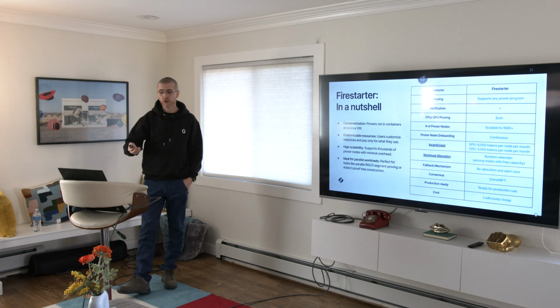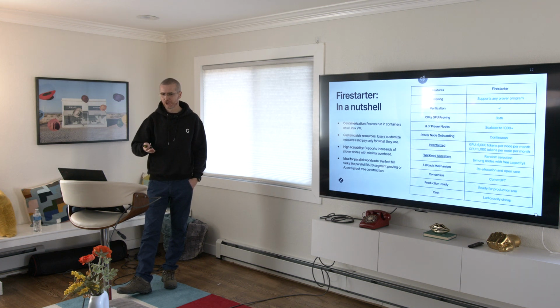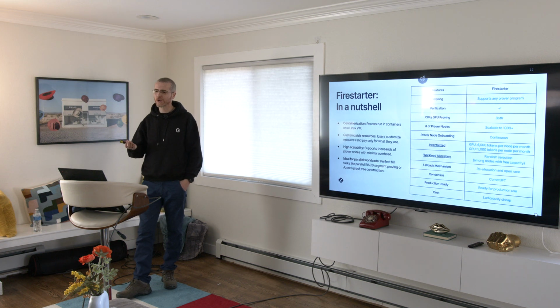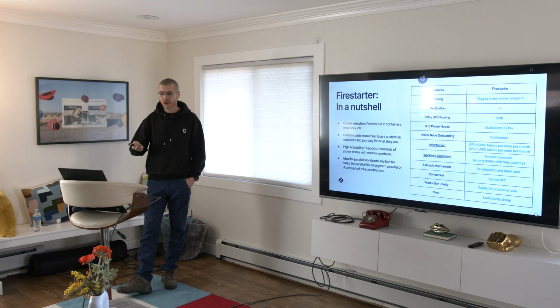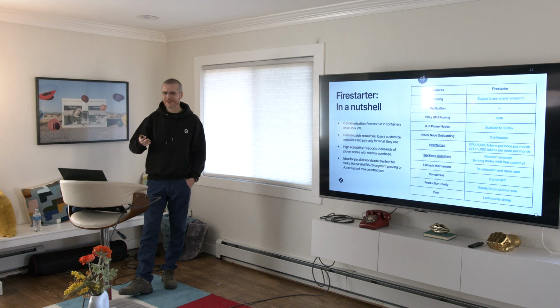But yes, the workload allocation. So we've got random selection among the nodes who have free capacity in the network. It's important because, as in any other blockchains, this is the most neutral method to avoid centralization. Obviously, I often get the question, but what if someone runs a bunch of prover nodes on our network?